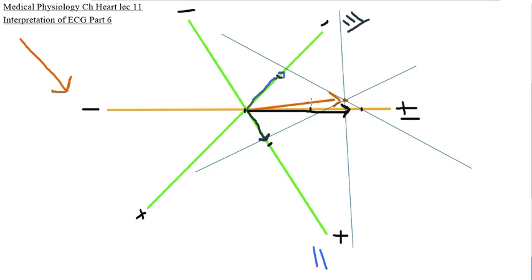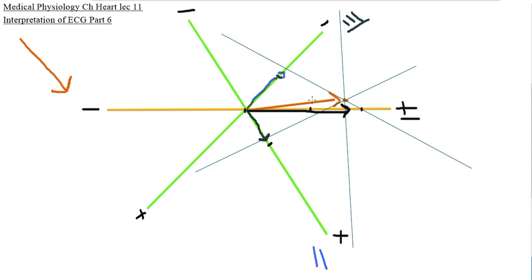As I have explained in detail, if this is because of hypertrophy, then the duration of the QRS vector will be around 0.12. If this is because of a Purkinje bundle branch block, a blockage of the bundle branch, then this deviation will be due to elongation of the QRS vector.